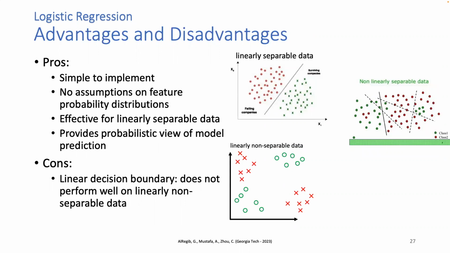Okay, so the pros and the cons. It's simple to implement. It's just a linear model that we are looking at. We don't have any assumption on the feature distribution, independent or not independent. It is most effective when we have linearly separable data. Like if you look in here, I have X1 and X2, and by nature there is a very clear line separating them.